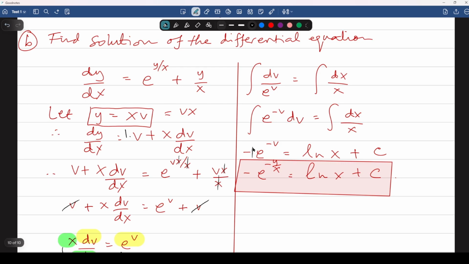On the right hand side, the integral of dx over x is simply ln x, and don't forget the constant c.